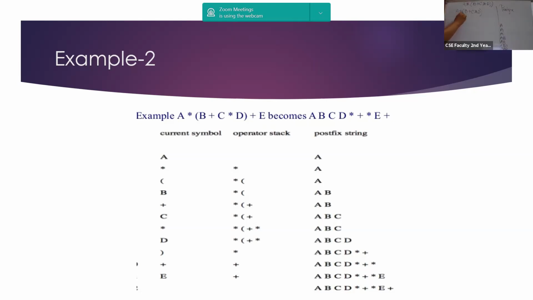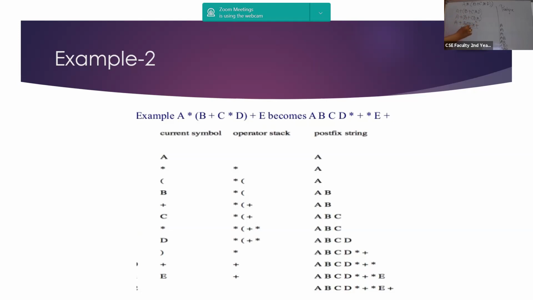So it will become A plus B plus CD multiply, right? Now what is left within bracket? This plus is left. So it will be treated like, suppose B plus X. This entire thing you can take as X. Then it will become BX plus. So it will become BCD multiply plus.